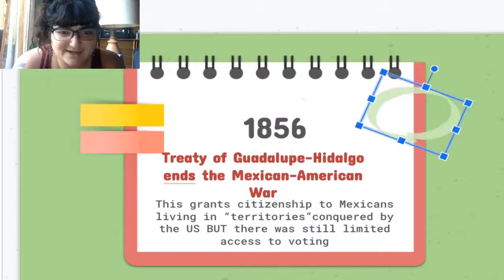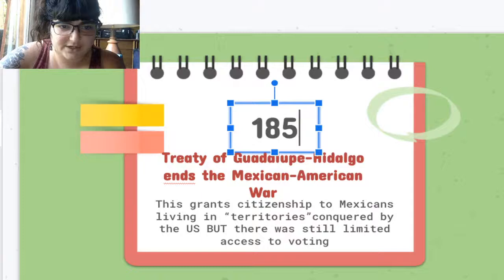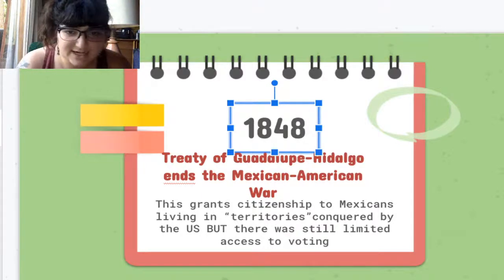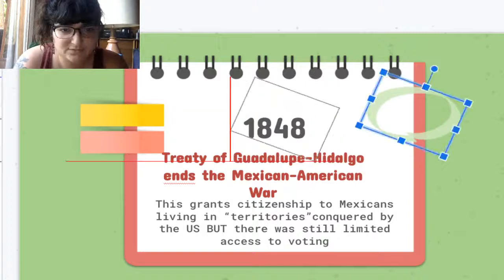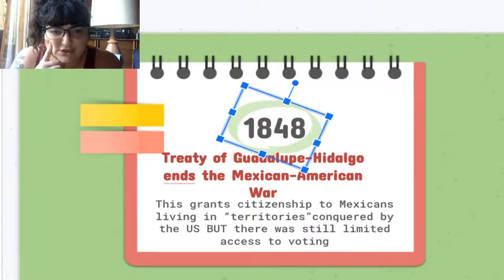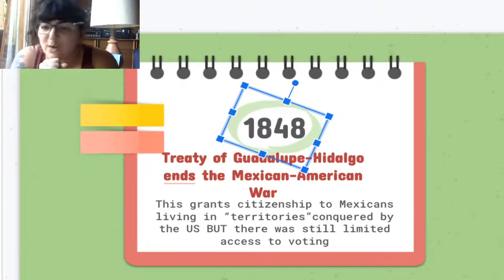It happened just a few years earlier, in 1848. I am so sorry that I made that mistake. Thank you for being flexible with me. So in your notes, go ahead and change that to 1848. This is when the Treaty of Guadalupe Hidalgo was agreed upon.